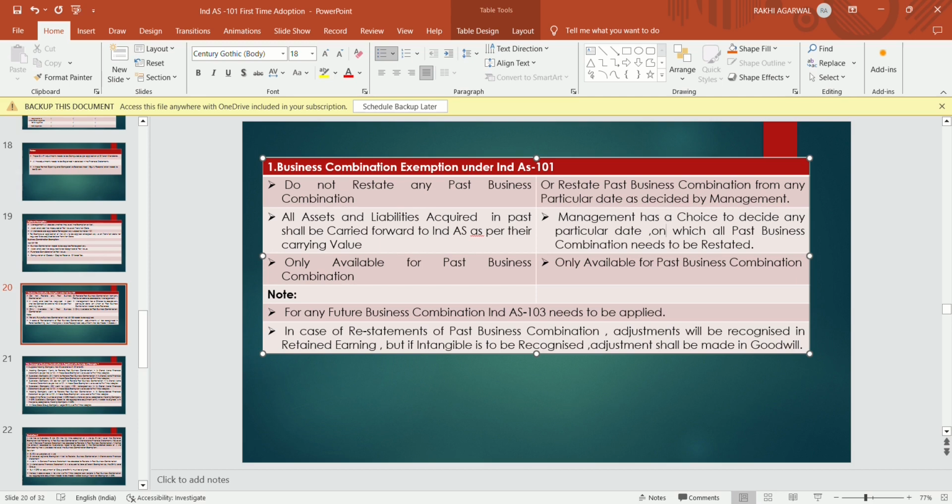Note: for any further business combination, Ind AS 103 needs to be applied.